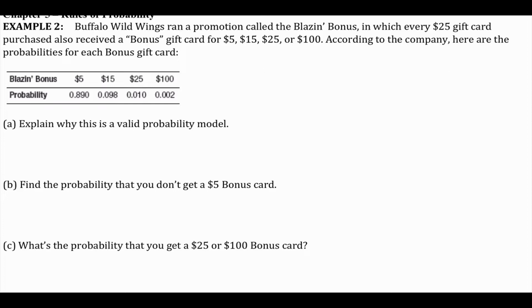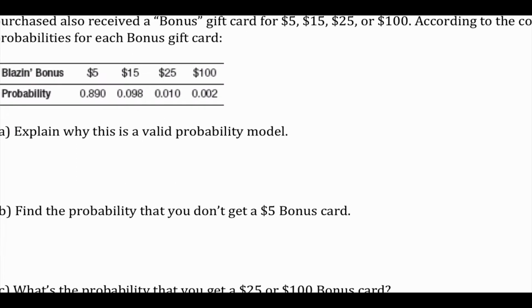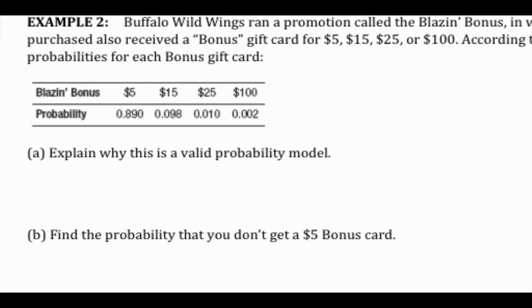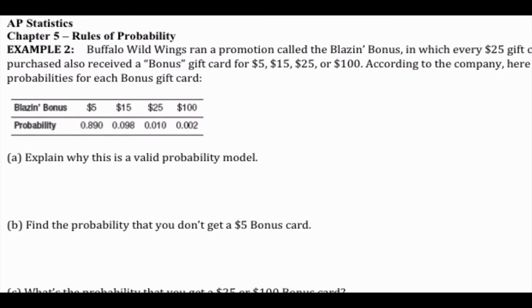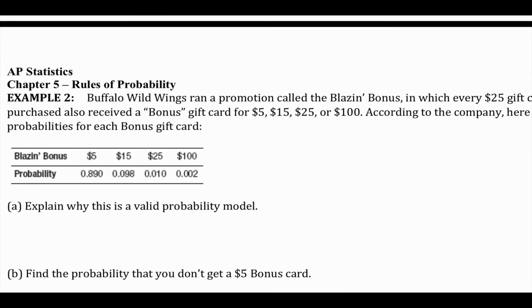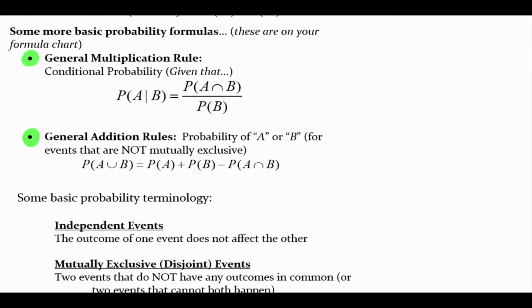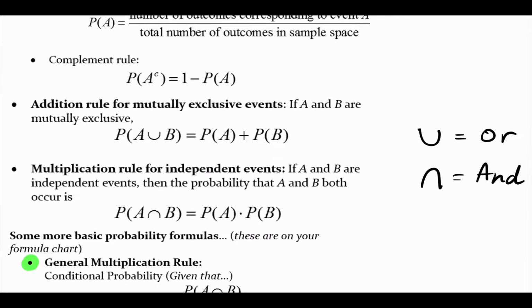In other words, are those all of the things that could happen? Is that the sample space in the box? Yes. How do I prove that? It says we receive a bonus gift card for 5, 15, 25, and 100. Those are the only ones they can receive.